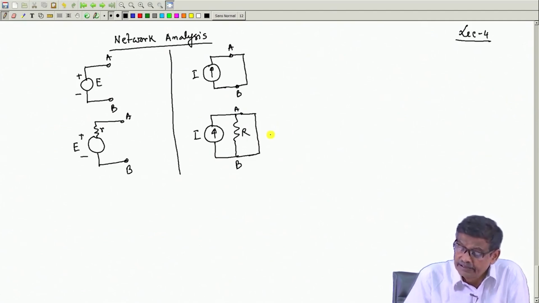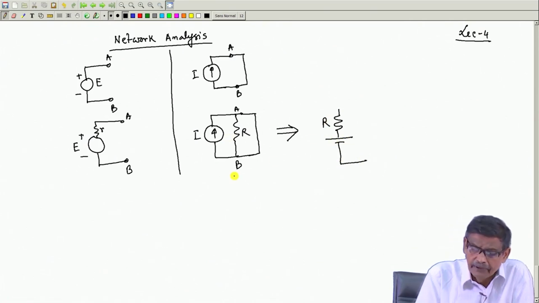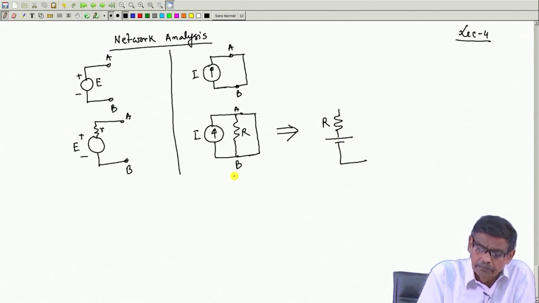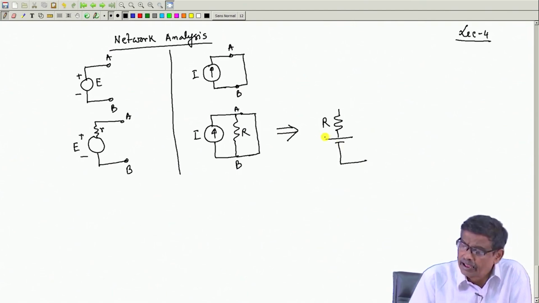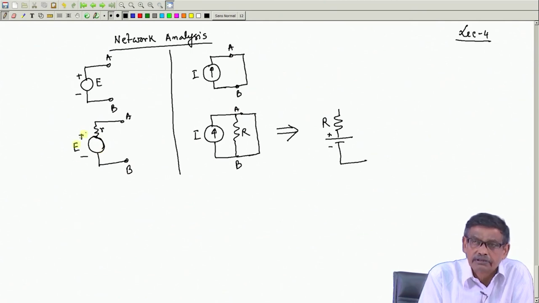Then this current source we have shown is nothing but equivalent to an internal resistance R and an EMF. The EMF I am sometimes showing as a circle with plus and minus, or as a battery. Generally, large DC voltage sources are shown with these symbols.